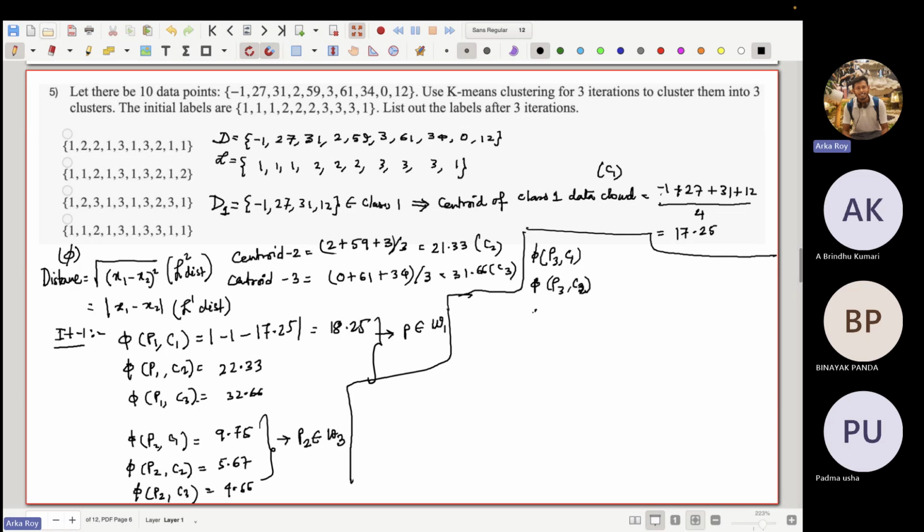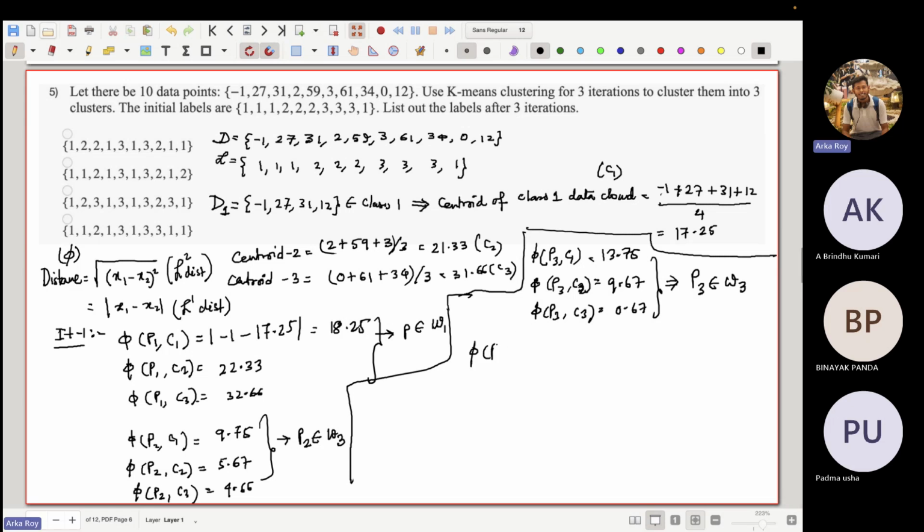If you solve this, you will get 13.75, then 9.67, and then 0.67. So again, you can see that P3 belongs to omega 3.